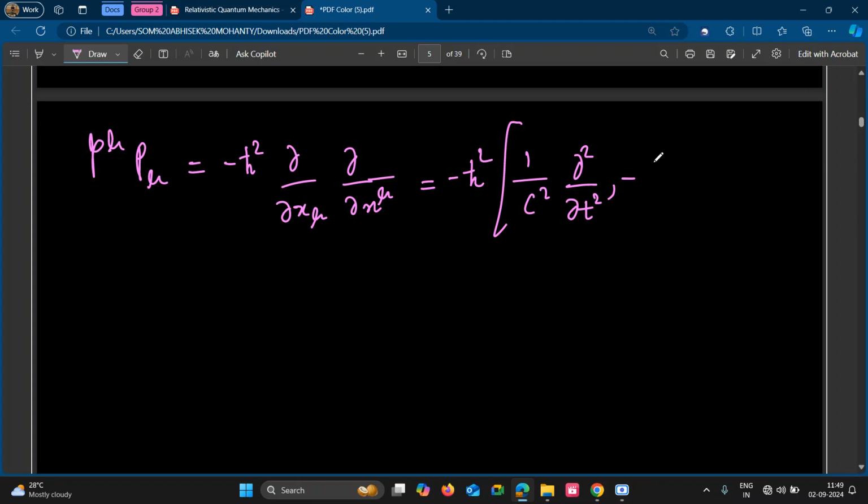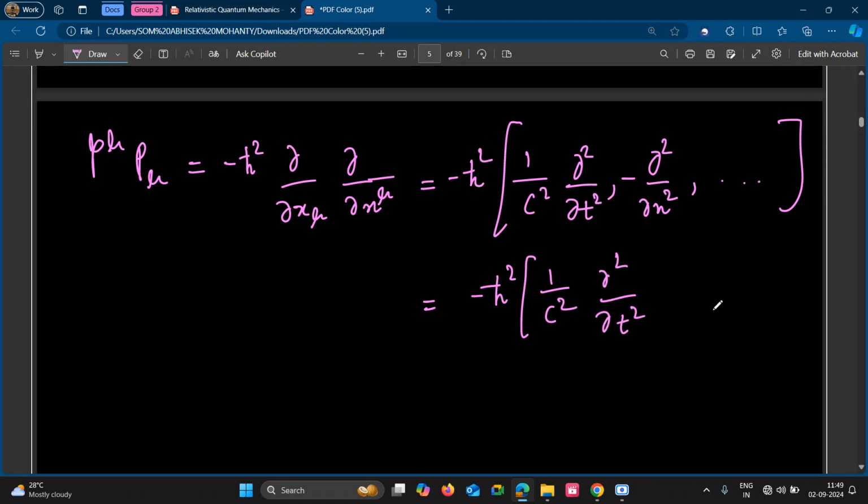Minus, simply again, if you see, it will be del square by del x square, del square by del y square, del square by del z square. So I can write it like minus h squared, square, 1 by c square del square by del t square, minus, it can be written as del. This whole thing is written as minus h squared, square, del.